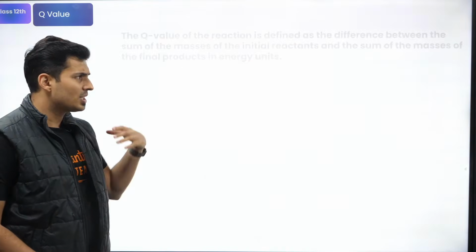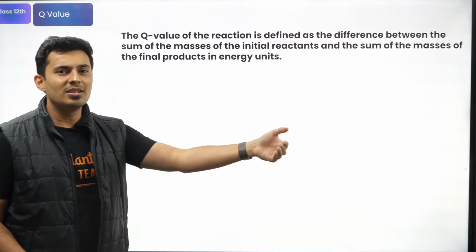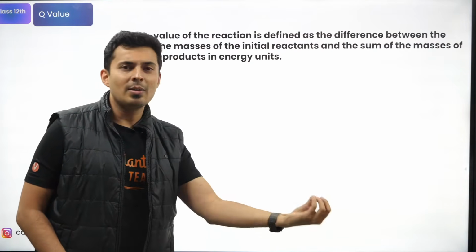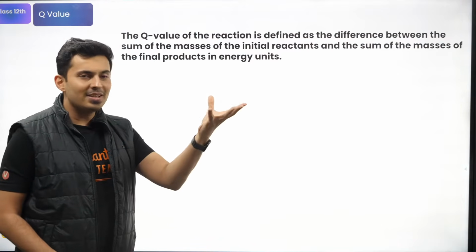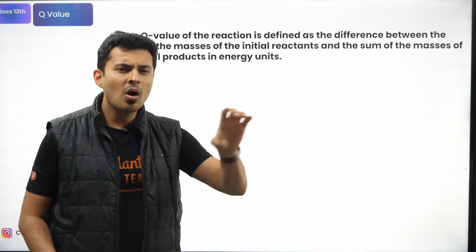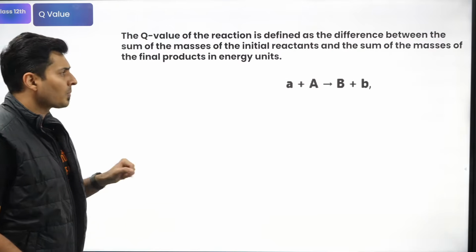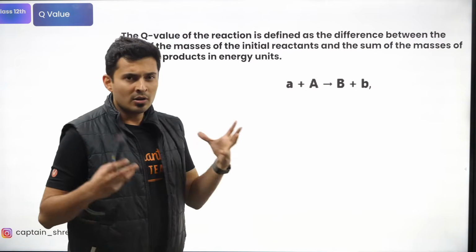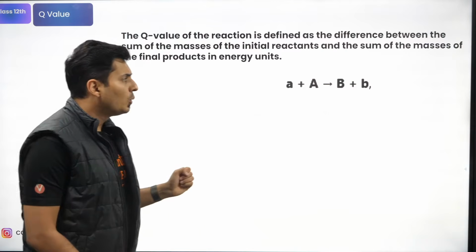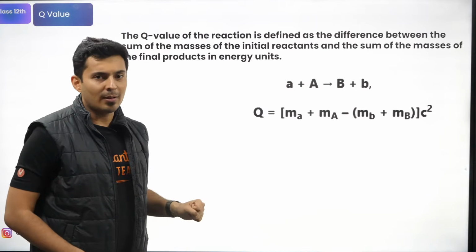Now each of these reactions involves some kind of mass defect and also changes in their binding energies. So because of which some energy might be released or some energy might be absorbed. The energy which is released or absorbed in a nuclear reaction, fusion or fission, is called the Q value of the reaction. So if 2 or more nuclei combine together or split into smaller nuclei, you will see that there might be some energy which is released or absorbed.